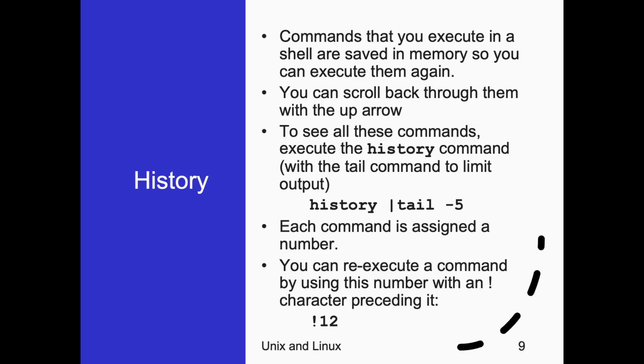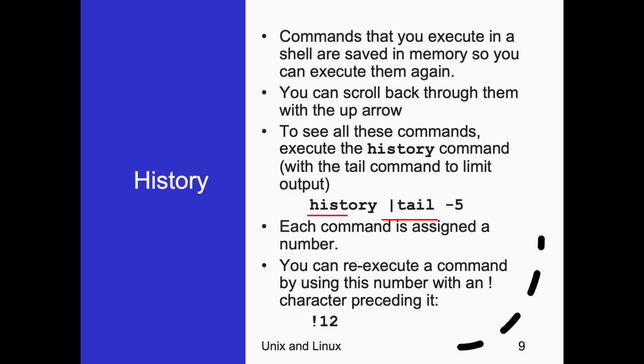Something that's really cool is that your shell remembers what you do, and commands are saved in memory so that you can execute them again, and you can scroll through them with the up arrow. To see a list of your previous commands, you can just use the history command, and again, piping it to tail helps limit the output.